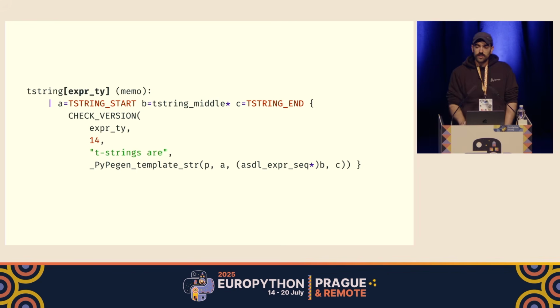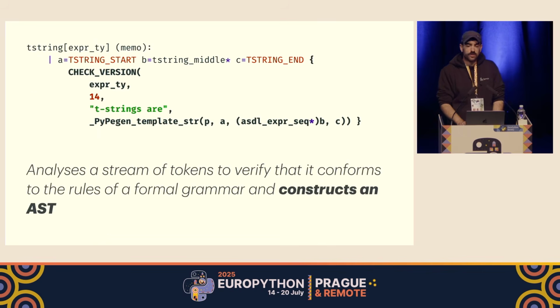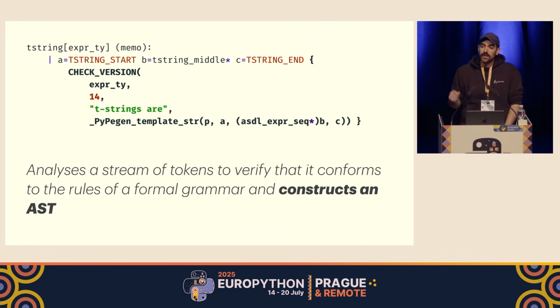So it's got things like types, it's got things like flags, and this flag in specific specifies that the result of this rule needs to be memoized, so needs to be able to be reused in case it's seen again in the same position. It's got things like variable assignment, so that we can use those variables in the code that will execute. And it's got things like functions, like actions. And those actions are run in case the alternative succeeds.